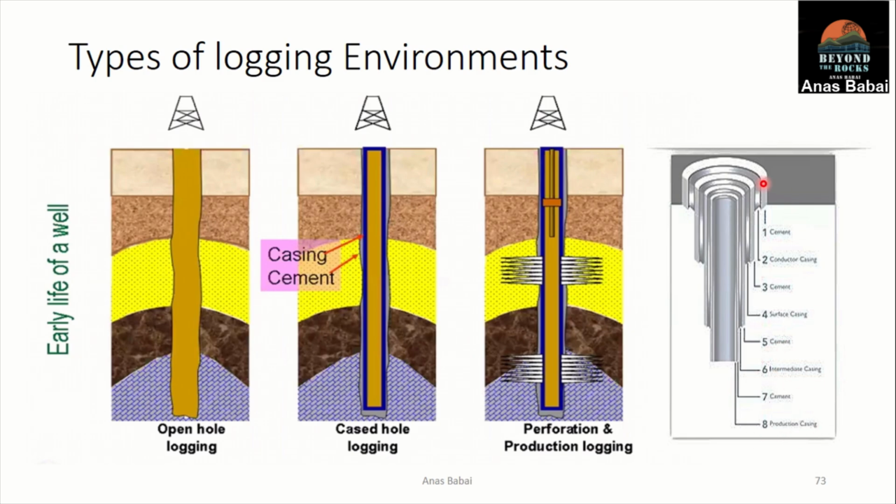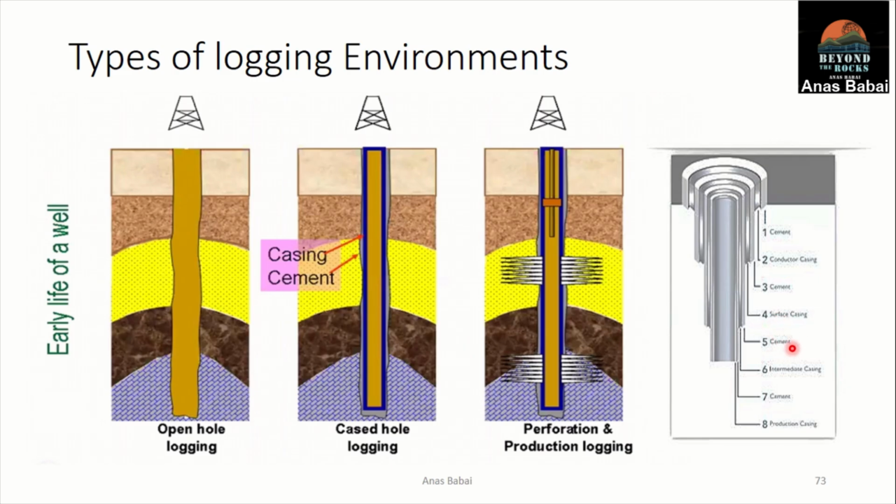So this one is done at the surface in order to isolate loose surface sediment from being introduced into the borehole. Then we do cementing, then we put the surface casing, and then we do another cementing.